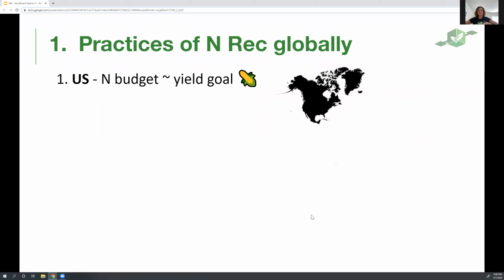Let's start talking about the US. So what is common in the US? Almost all nitrogen recommendation systems for corn in the US, from the 70s until mid-2005, were based on some version of a Stanford equation, an approach known by various names, including yield goal, expected goal, or yield-based method.